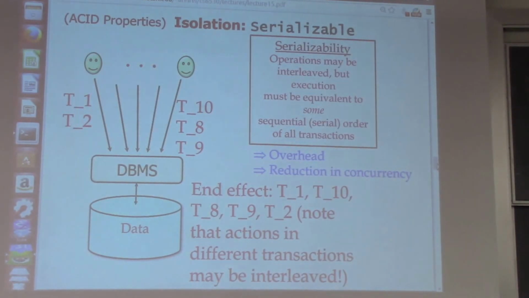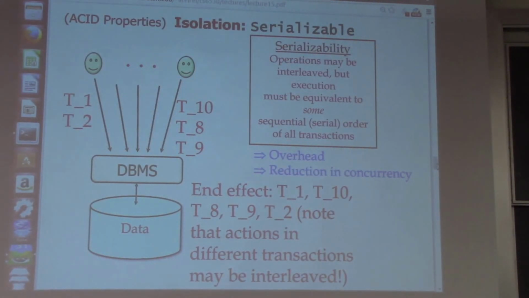And you may wonder, will that lead to some uncertain state of the database management system? Meaning that the database management system may interleave these actions from different transactions and somehow lead to different end states because it may be equivalent to different serial orders of executing these transactions.